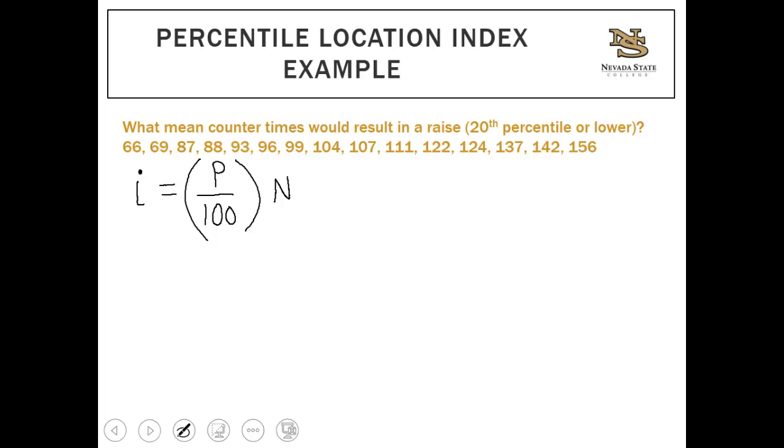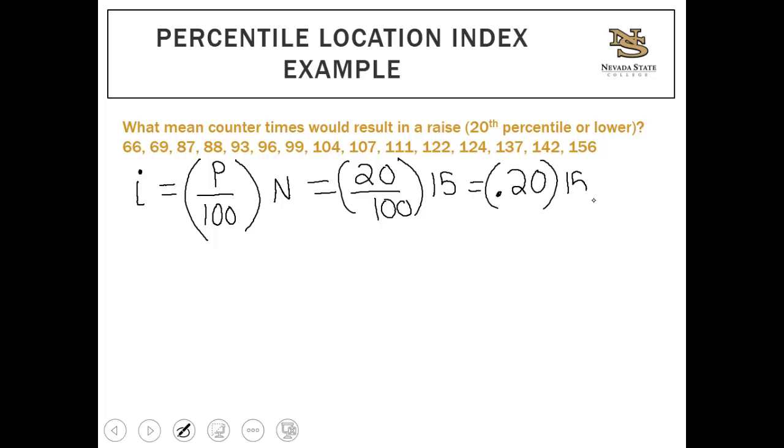Okay, and we know we have 15 tellers because you can count, there's 15 scores here. So P is 20, divide that by 100, multiply that by 15. You end up with 0.20 times 15, which gives you a value of 3.